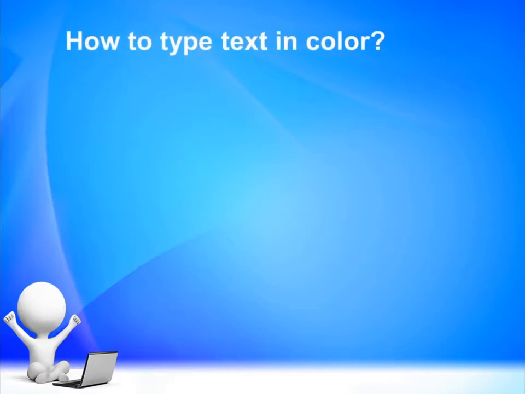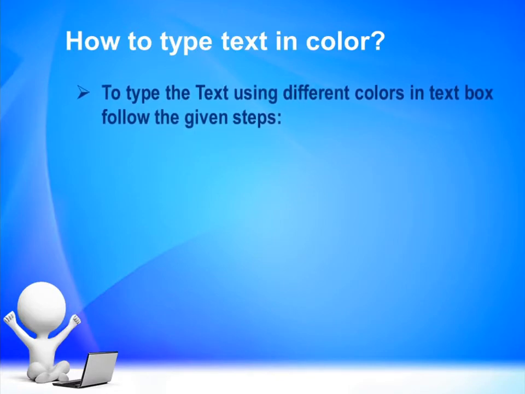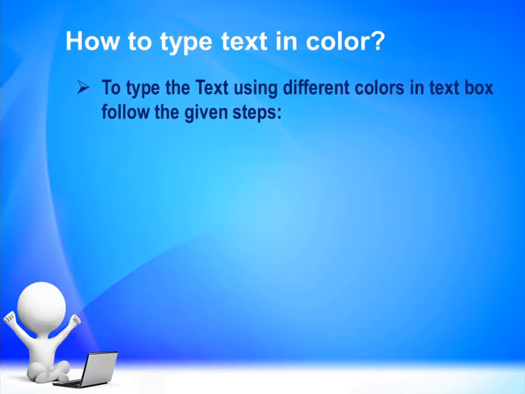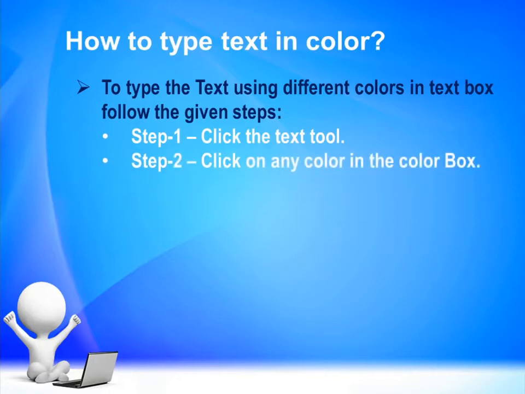Next, how to type text in color. To type the text using different colors in text box, follow the given steps. Step 1. Click the text tool. Step 2. Click on any color in the color box.